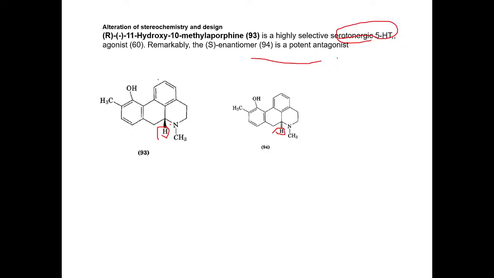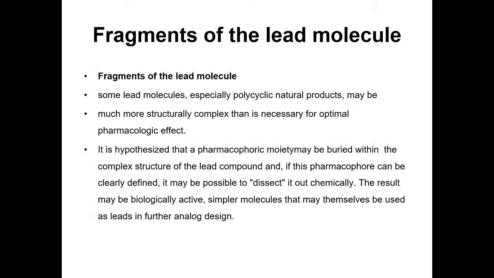So you can see, same molecule, same number of atoms, the same position, but only the hydrogen differs in the spatial arrangement. They have opposite configuration, they are enantiomers, and they have opposite pharmacological activity. One is an agonist and another one is an antagonist. So that is the importance of stereochemistry.